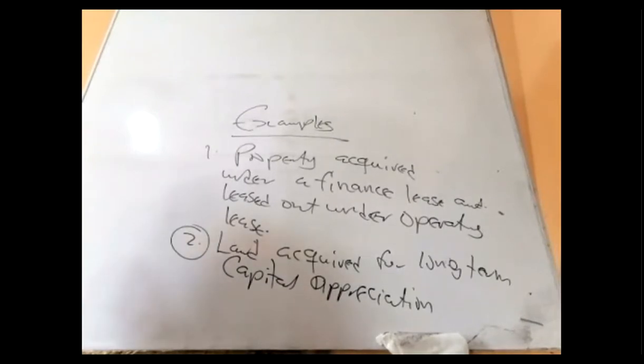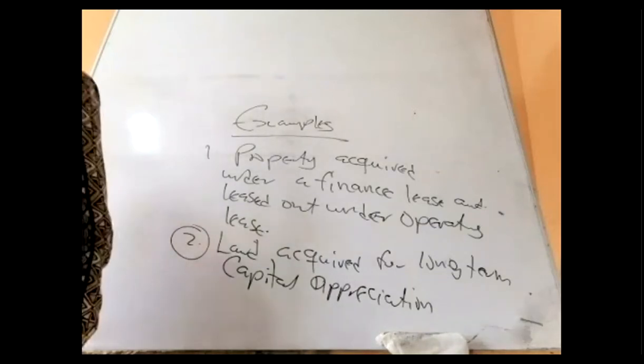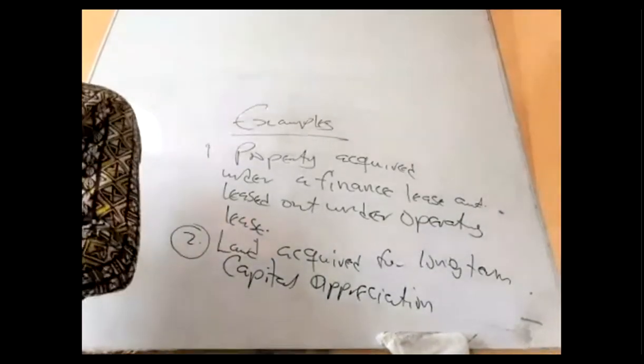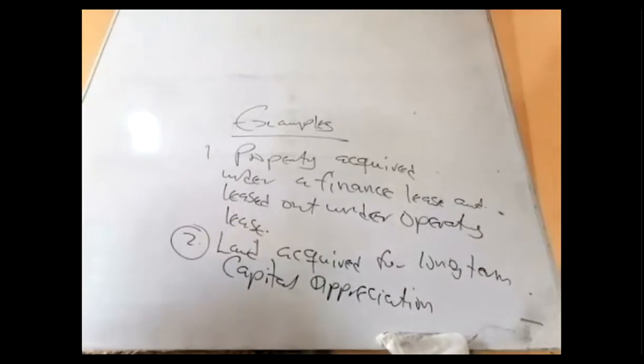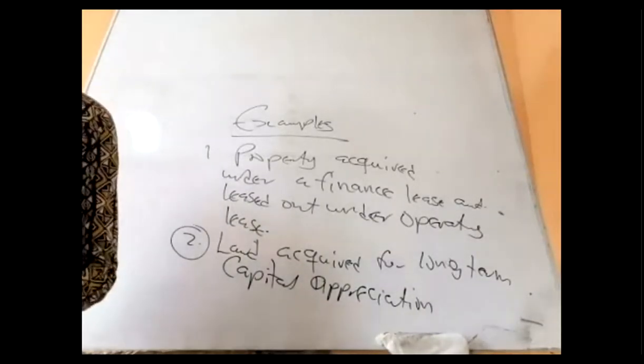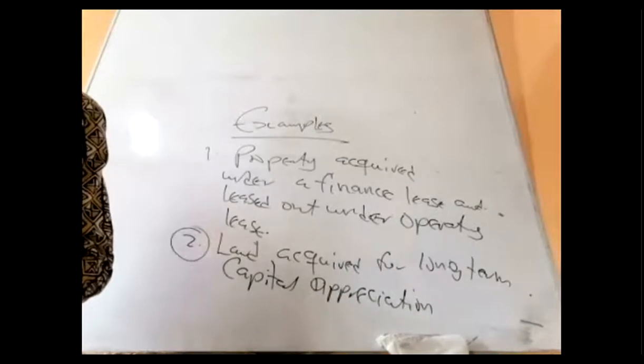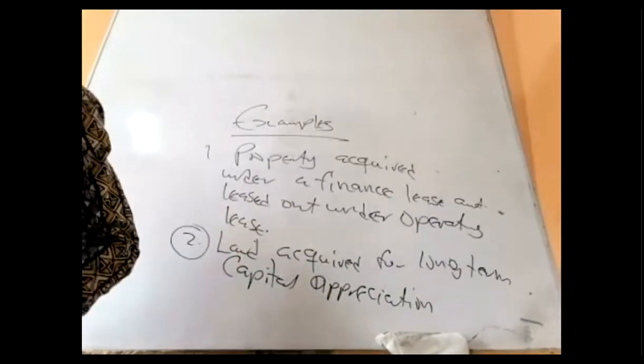Now, this example, let me narrate to you and you tell me whether it's an investment property or not. We recently acquired land and then wanted to construct a new office complex. But we are done with the construction. We don't know whether we should use the asset. Everything is completed. We can start using the asset. But we have not made the decision to use the asset or to even sell the building. There's no decision.